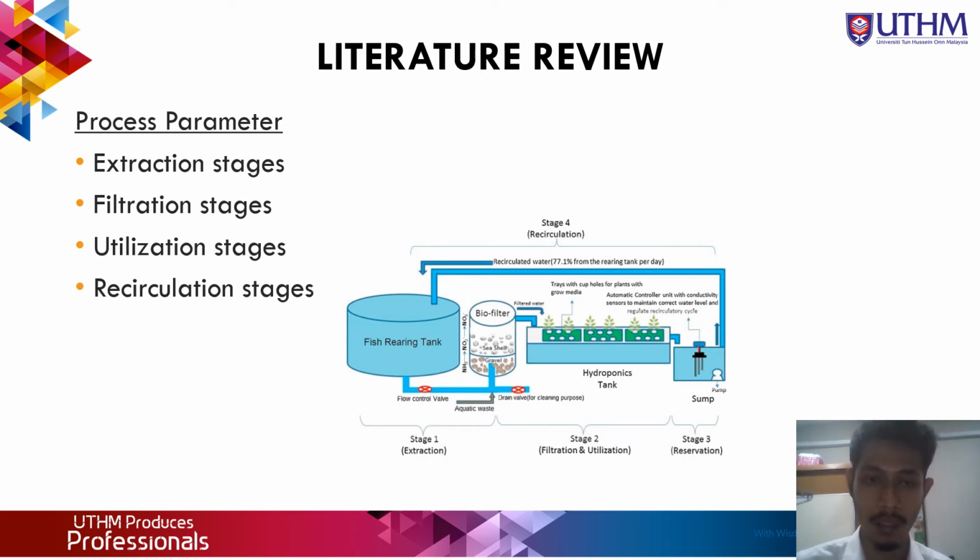From the biofilter to the hydroponic tank is called the filtration stage, because the water from the fish tank has been filtered by the biofilter. Then it goes to the utilization stage, which utilizes the filtered water in the subsystem of the hydroponic bed.